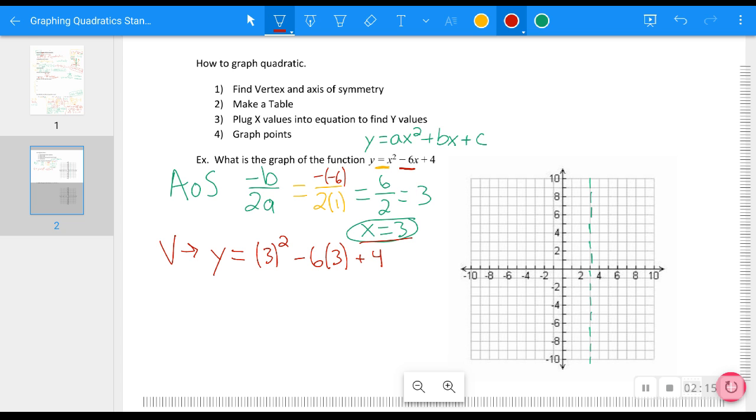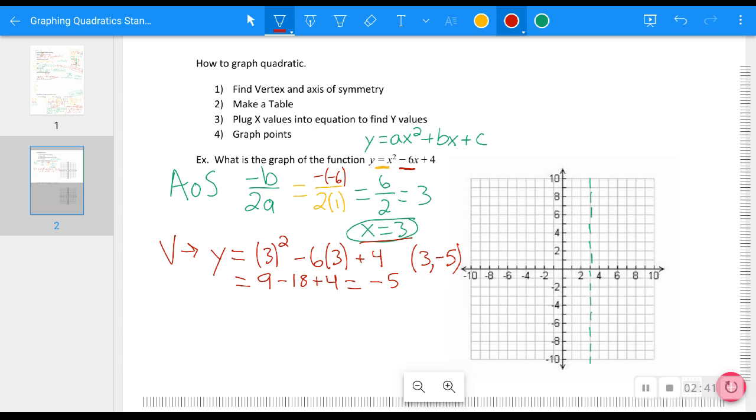So if we keep going to solve that, 3 squared is 9. Negative 6 times 3 is minus 18 plus 4, which should equal 9 minus 18 is negative 9. Plus 4 is going to put us at negative 5. So our vertex is going to be the point 3, negative 5.